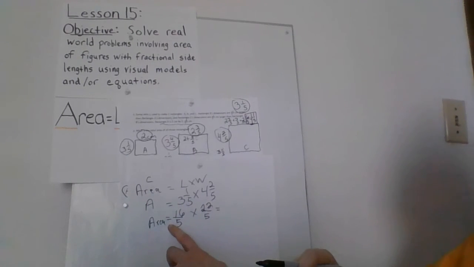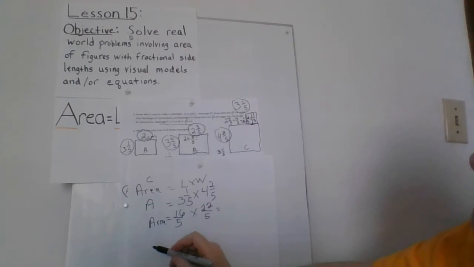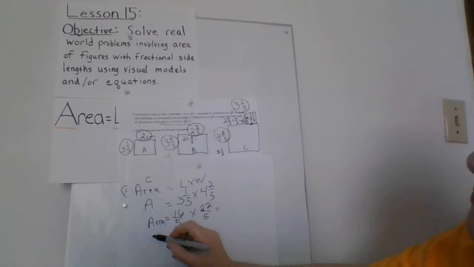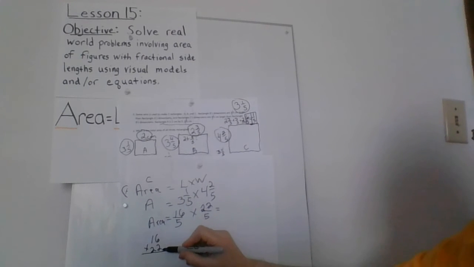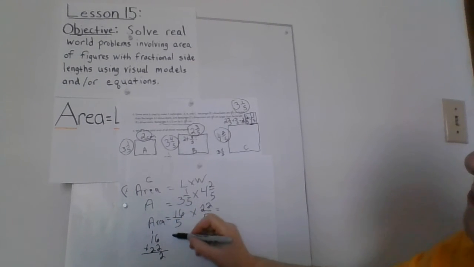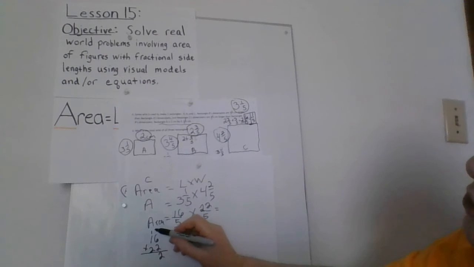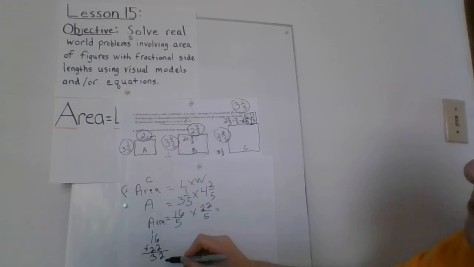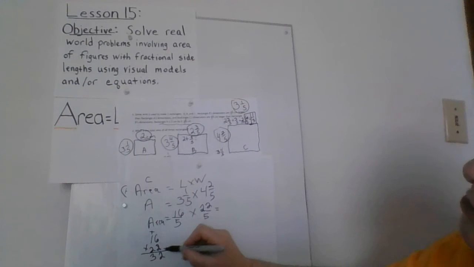So now I have to do numerator times numerator, denominator times denominator. I'm going to do 16 times 22. 6 times 2 is 12. Carry my 1. 2 times 1 is 2 plus 1 is 3. Done with the ones place.